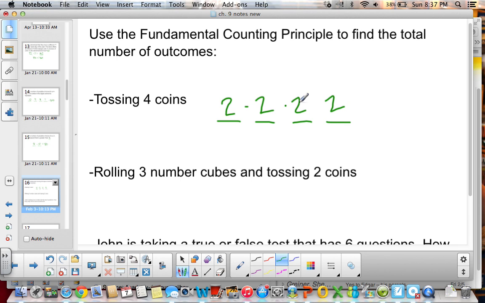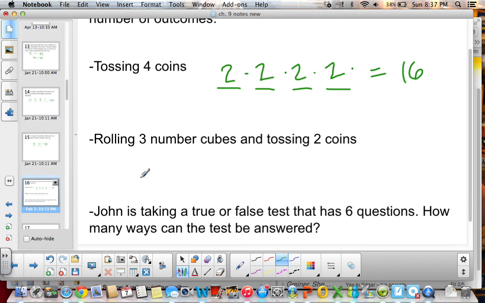So it's 2 times 2 times 2 times 2. 2 times 2 is 4, times 2 is 8, times 2 is 16 different outcomes of tossing 4 coins. Meaning you could get head, head, head, head, head, tail, head, tail, head, tail, tail, tail, and so on.